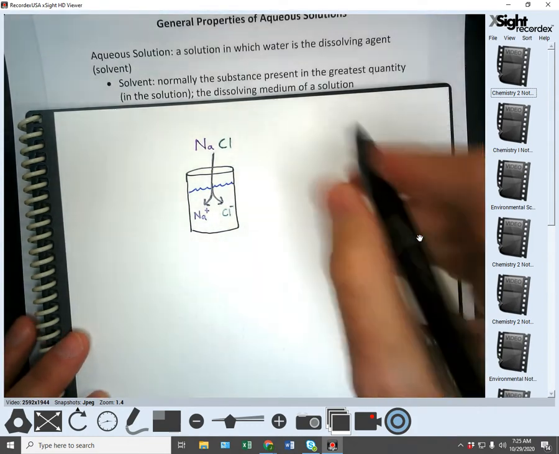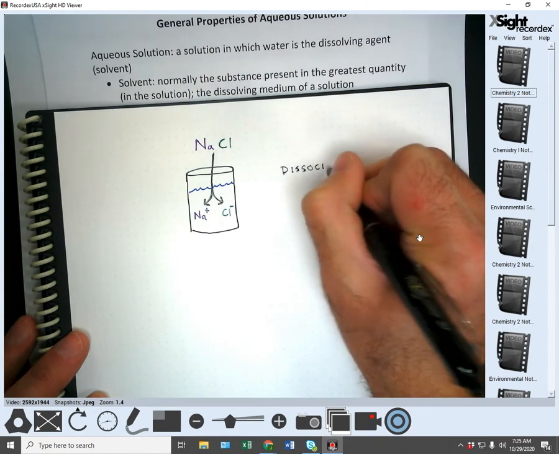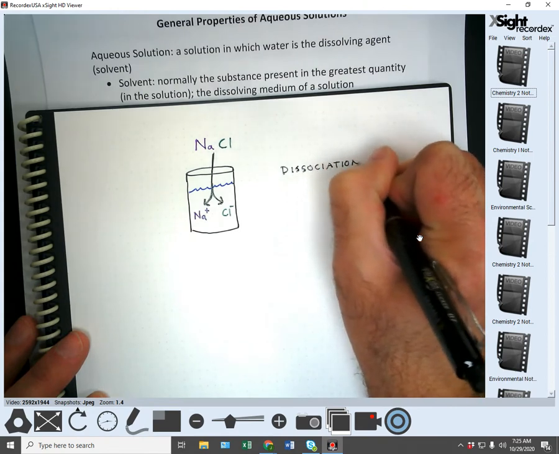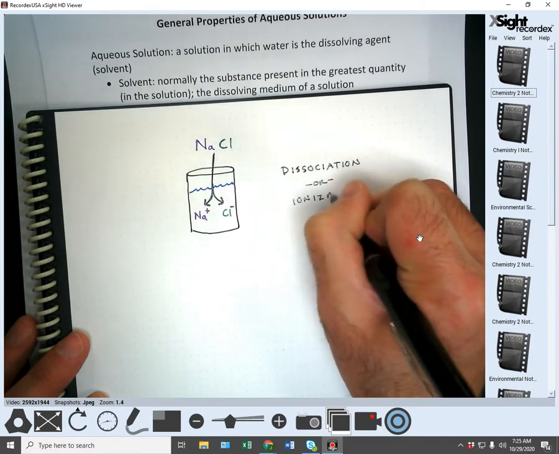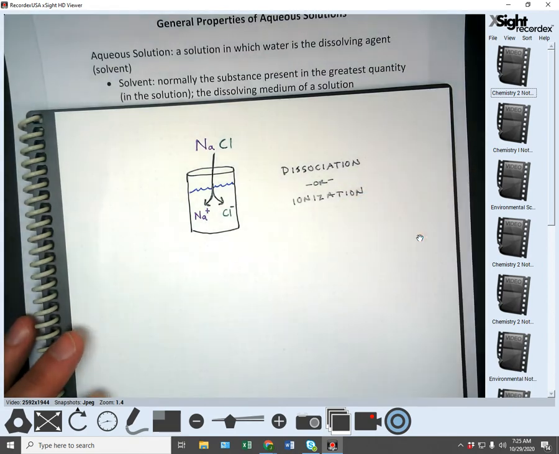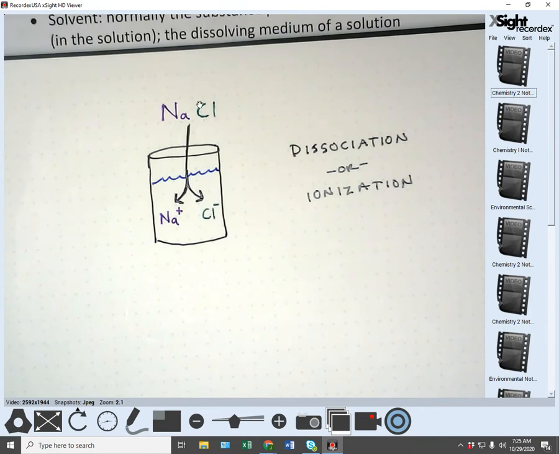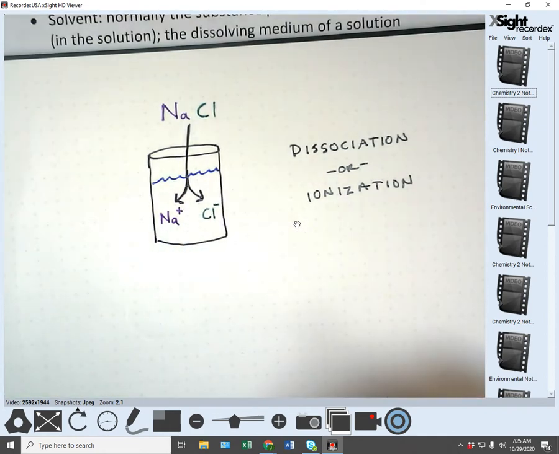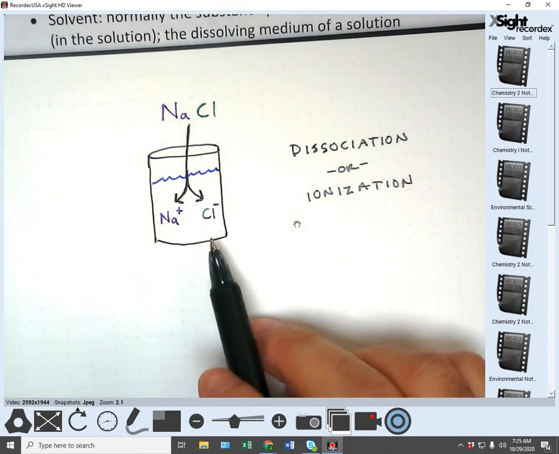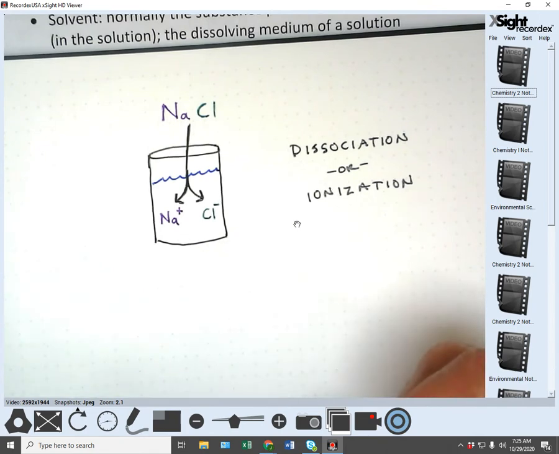So this is known as dissociation or ionization. The substance splits into ions in the water. Now, this does not mean that it's a chemical reaction or that it's no longer NaCl. It still is. It's just dissociated in the aqueous solution.